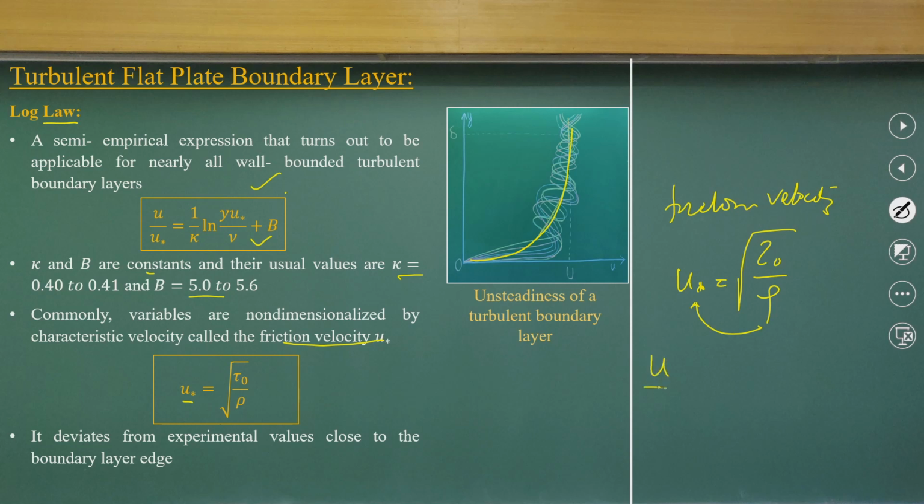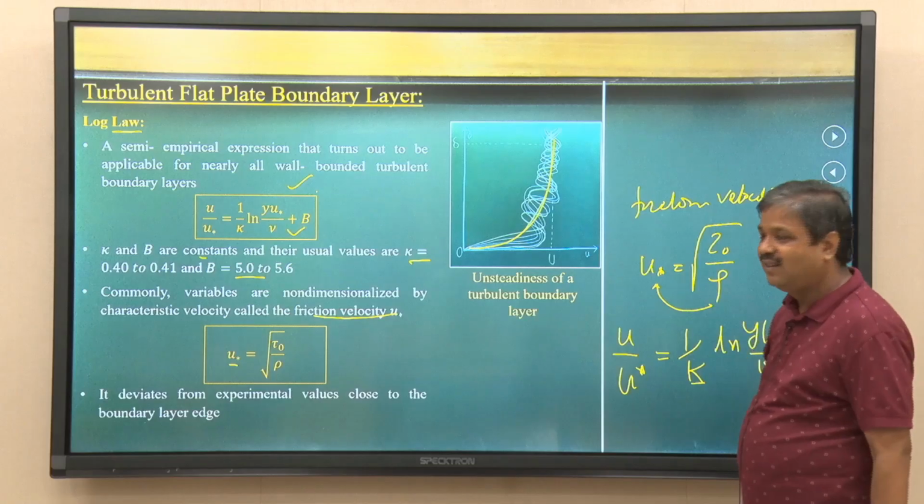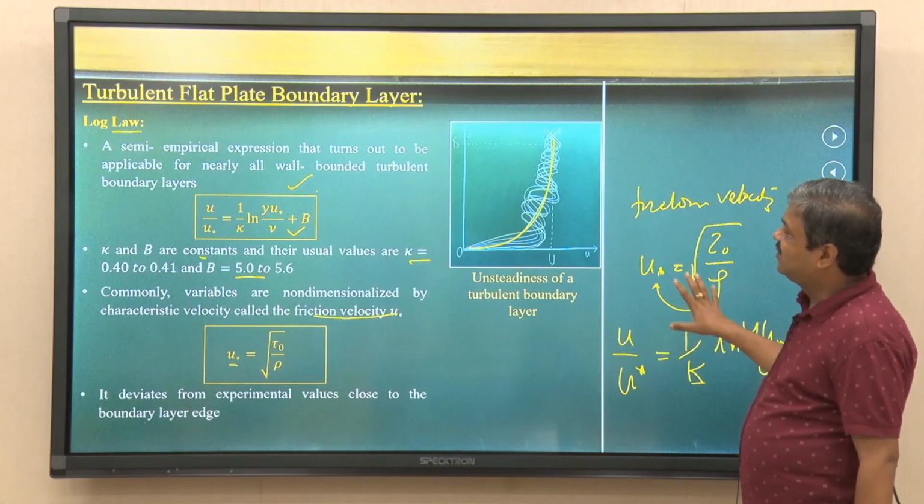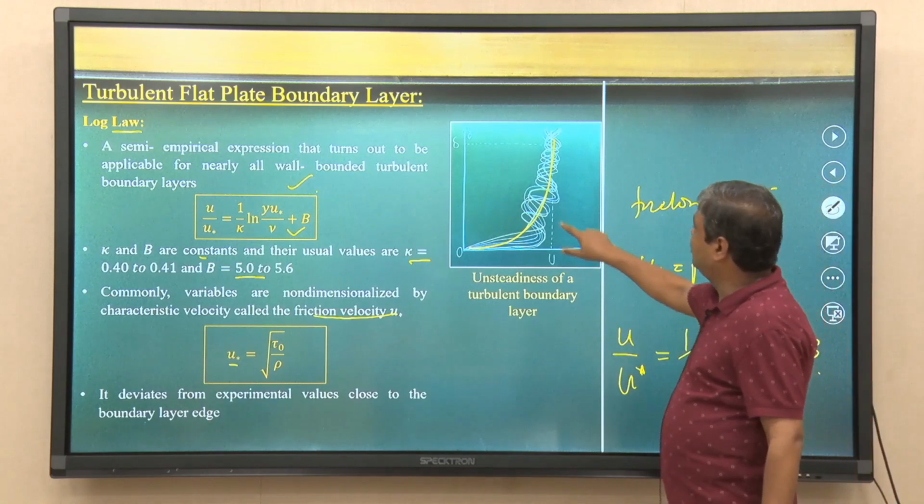So, we get the log distribution of velocity in the boundary layer region, which gives us a value of y u star by kinematic viscosity plus B, where K and B are constants. I am not going into more detail about the names of the constants, but you can see that the log law can be used.